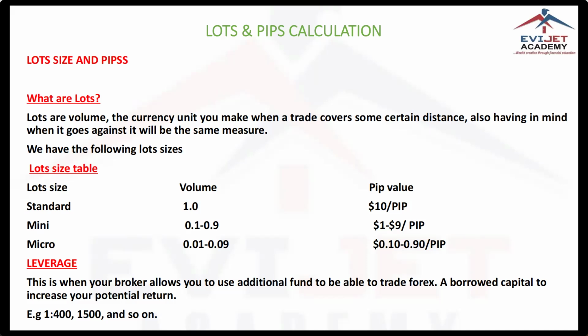Those are the people that could trade the Forex market until the introduction of brokers who now give leverage. So the leverage is what the broker offers you as a window to be able to enter the market.